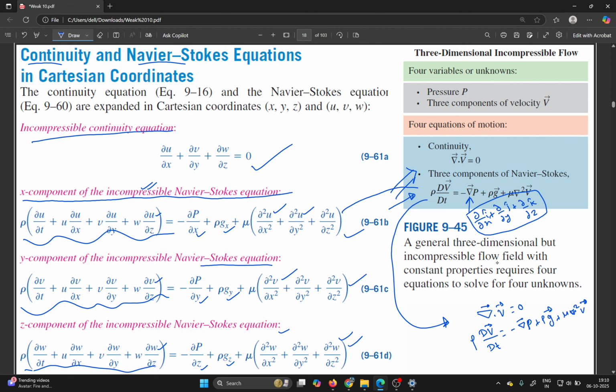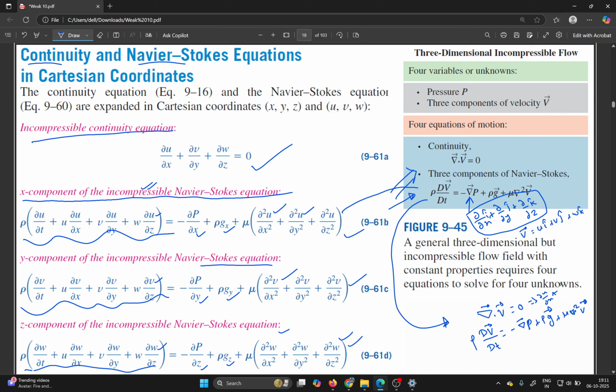So as you know already, del is del by del x, del by del y, del by del z, and v is what? Your v is nothing but u in i, v in j, and w in k direction, that is the xyz direction. When you multiply these things, you will get du by dx.